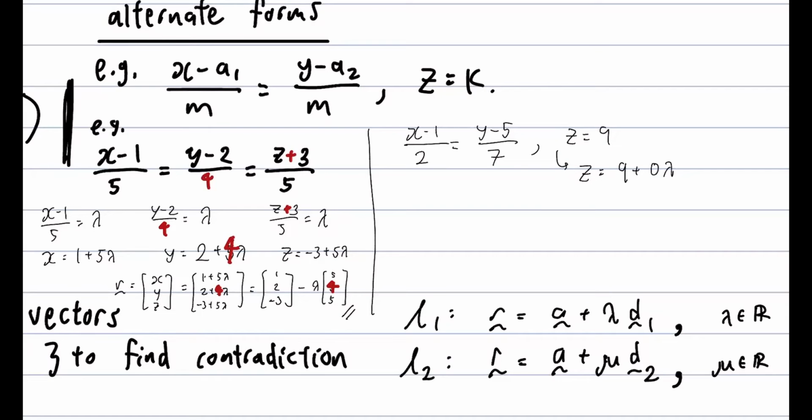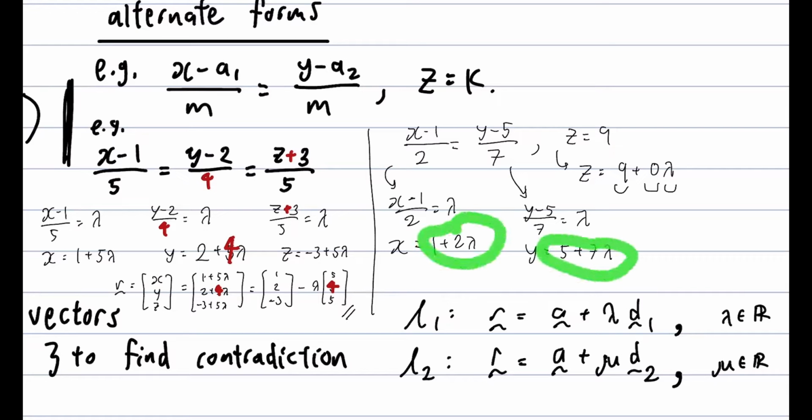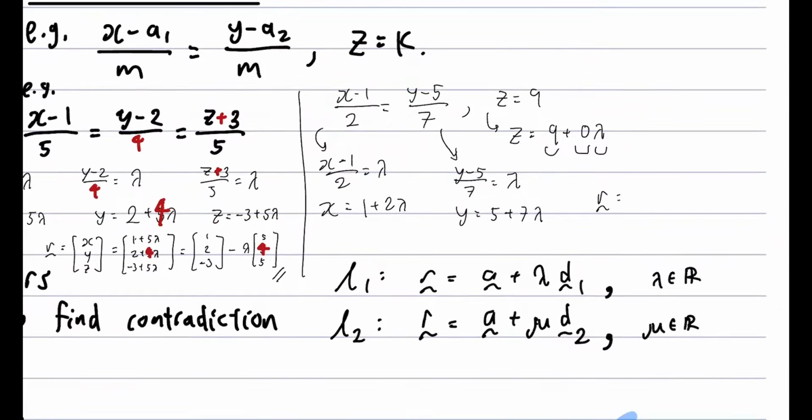Constant plus some scalar times lambda. Likewise for the other two: if you equate x minus 1 over 2 to lambda, then you solve for x, you get 1 plus 2 lambda. Second guy, if you equate to lambda, you get y equals 5 plus 7 lambda. Now you got x, y, and z. Combined together, what do you get? Can you see straight away? It will just be (1, 5, 9) plus lambda (2, 7, 0).